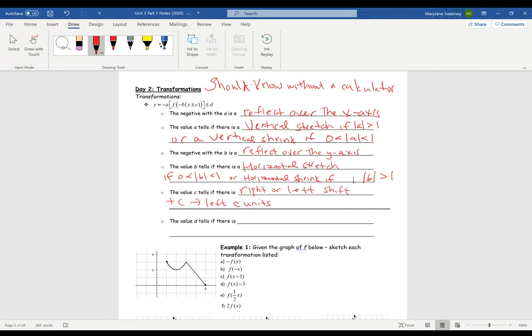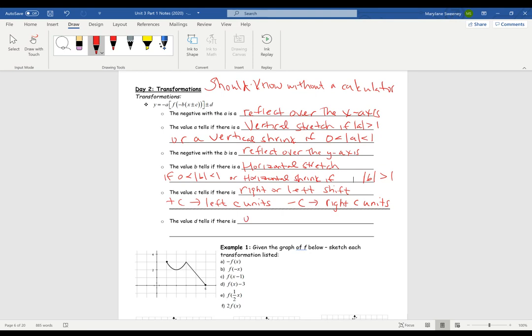So if this is x plus 2, well, that really means x minus a negative 2. So the C would kind of be like a negative 2. But we just go, if this is plus, you're going left. Minus C is right C units.